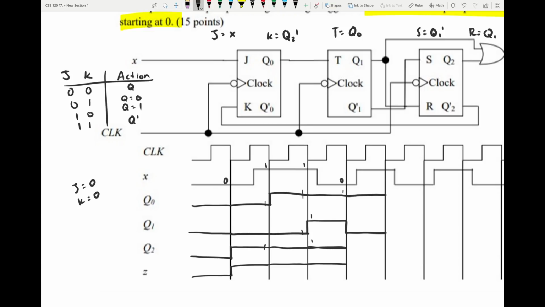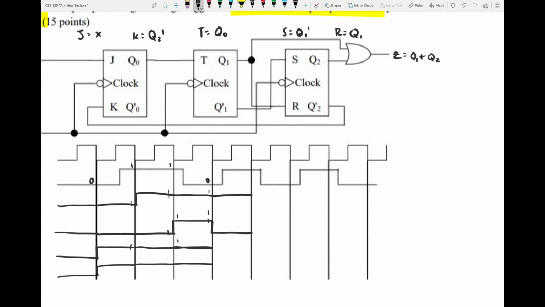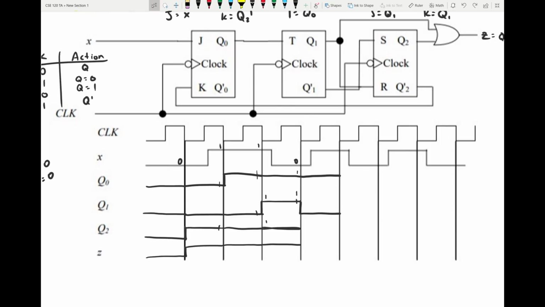Okay, Q2, well, now Q2 is going to be different, because when we evaluate it right here, Q1 is a 1, meaning there's going to be a 1 going into this reset input here. Now that means that our Q2 is going to reset and become a 0.